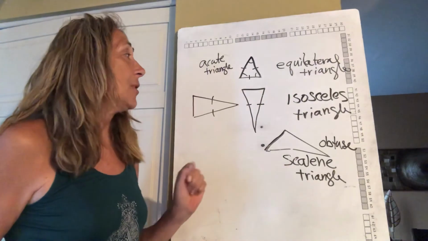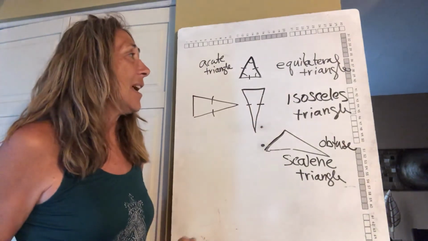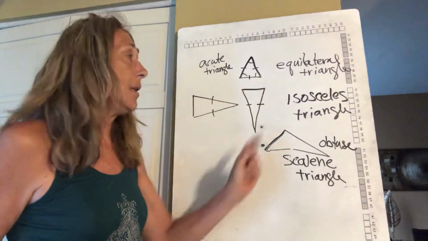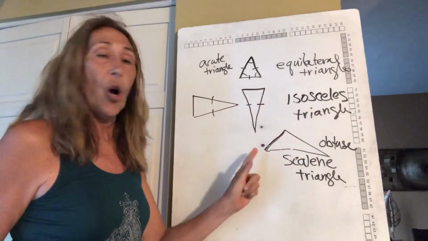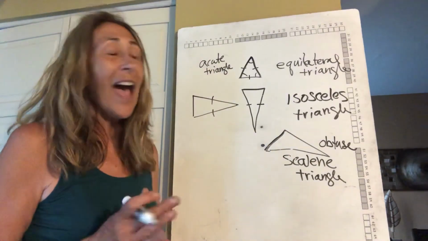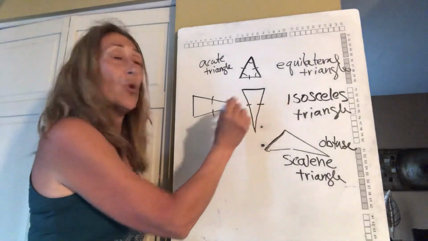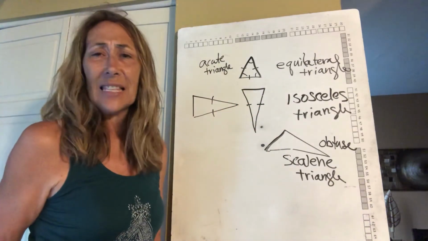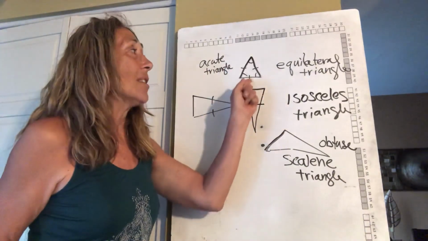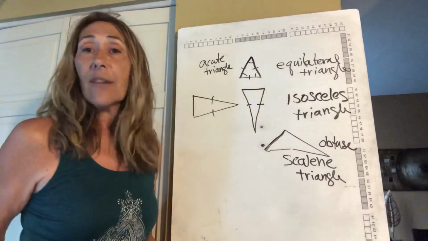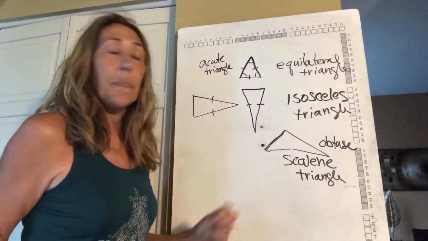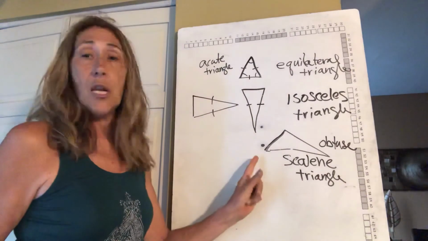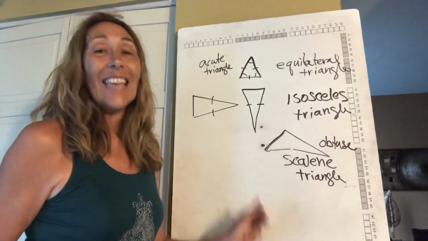They can be labeled by their sides, and then they would be equilateral, isosceles, or scalene. Remember, those hash marks tell me congruent, exactly the same. Three sides, all the same, equal, equilateral. Two sides the same, isosceles. No sides the same, scalene.